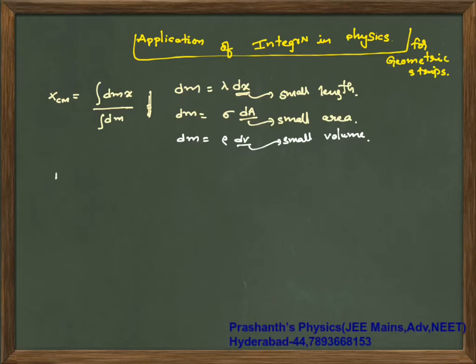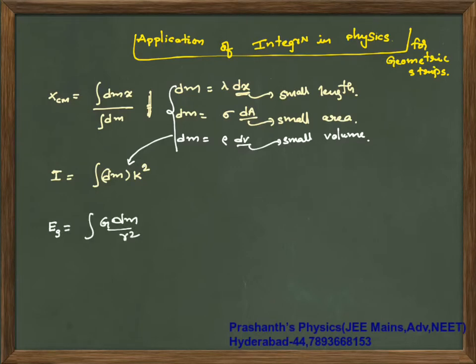Not only this, for moment of inertia, if you take moment of inertia is dm into k square. Now here also your dm part, however you are taking it, in a similar manner you will do this. Similarly, for gravitational field, integral of g into dm by r square.